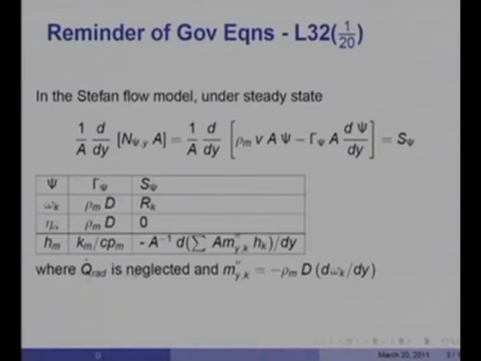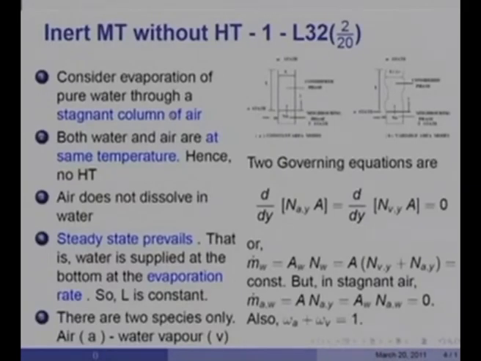The radiation term is of course neglected in this energy equation, and m dot double prime y k, as you will recall, is the diffusion mass flux as per Fick's law of diffusion. So, these are the source terms in each of these equations. R k would be finite when there is a chemical reaction, if not it will be 0. So, let us consider the first type, inert mass transfer without heat transfer.